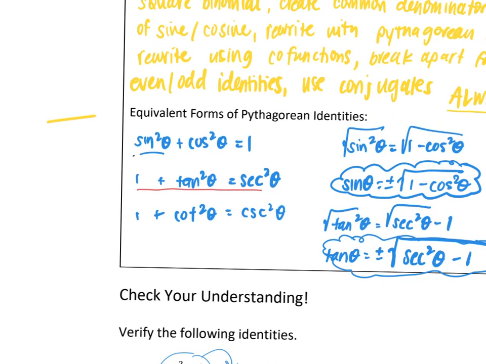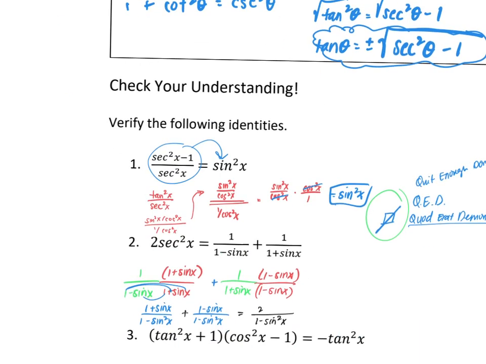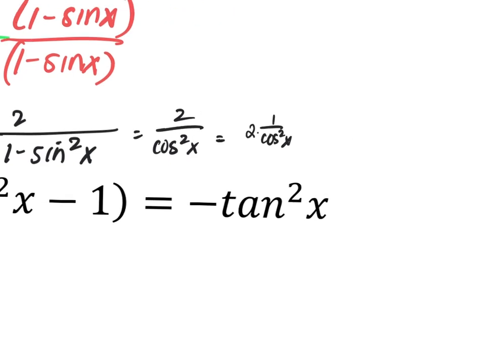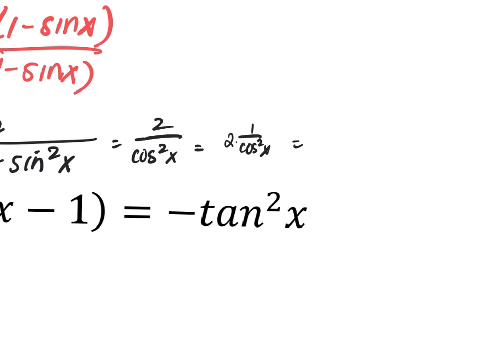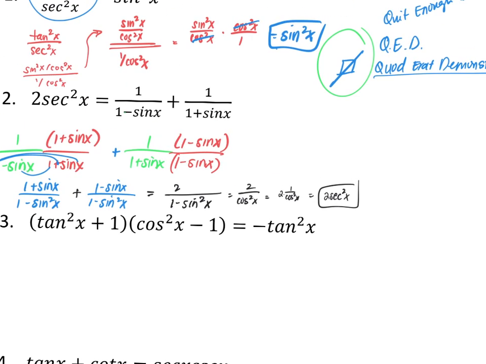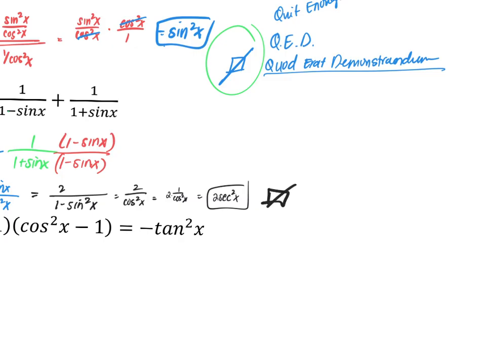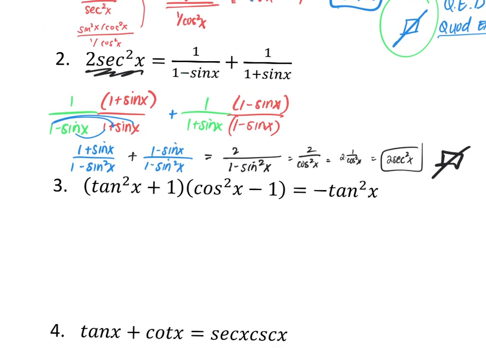I could subtract sine squared from both sides over here, and that would be equal to cosine squared. So I'm going to rewrite the denominator as cosine squared x. And then that's just 2 times 1 over cosine squared x, which the reciprocal of cosine squared x is secant. So our answer is 2 secant squared x. Is that what we wanted to prove? Yes, it is. Okay, so we proved what we set out to prove. Nice.